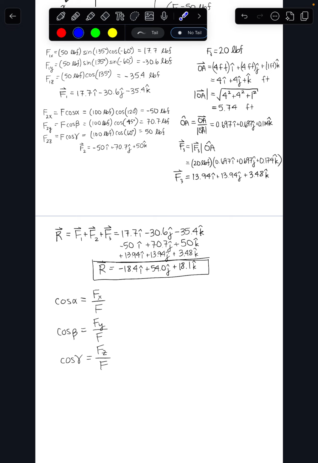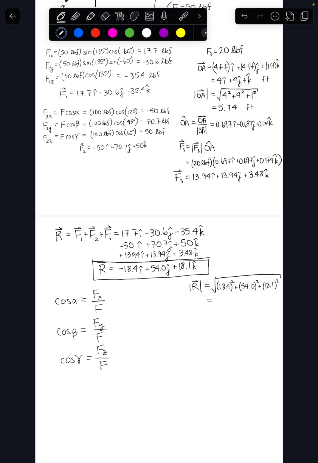So for each one of these equations, we're going to need the magnitude. So let's find the magnitude of our resultant vector. That is the square root of 18.4 squared. And really there should be a negative in there, but it's going to go away once I square it. So then we add 54 squared and add 18.1 squared.